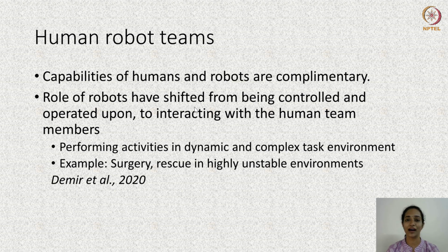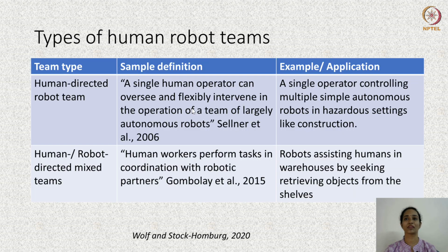The presence of AI or robots on a team is on a continuum. Let us look at what are the different kinds of human-robot teams based on the extent to which the robot team member is an autonomous agent. The first kind of human-robot teams is the human-directed robot team.